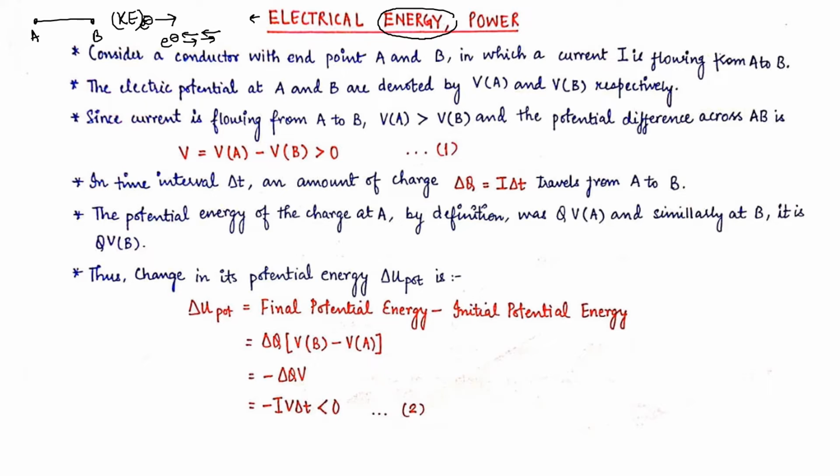This kinetic energy of electrons, by virtue of their motion in the material, constitutes electrical energy. Now for power, I will say that power will be more if the resistance provided is less, and if the resistance provided is more, the power of the conduction will be less. Just think how powerful you can be. If you are fighting with a child, compared to the child you will be more powerful.